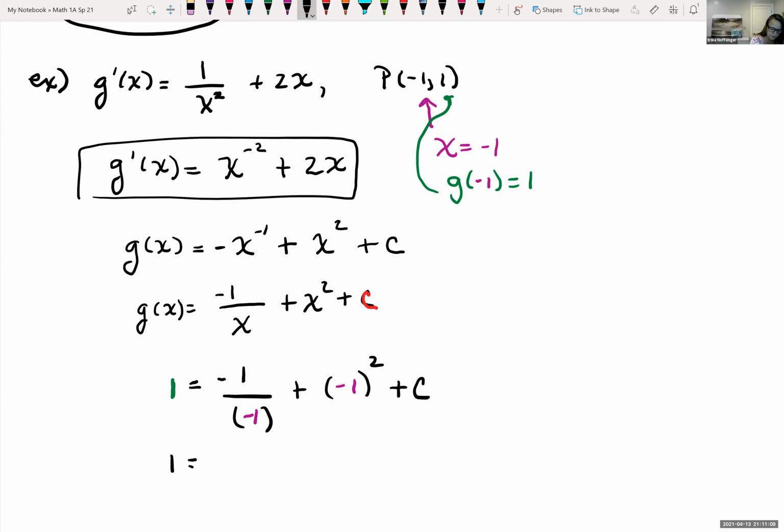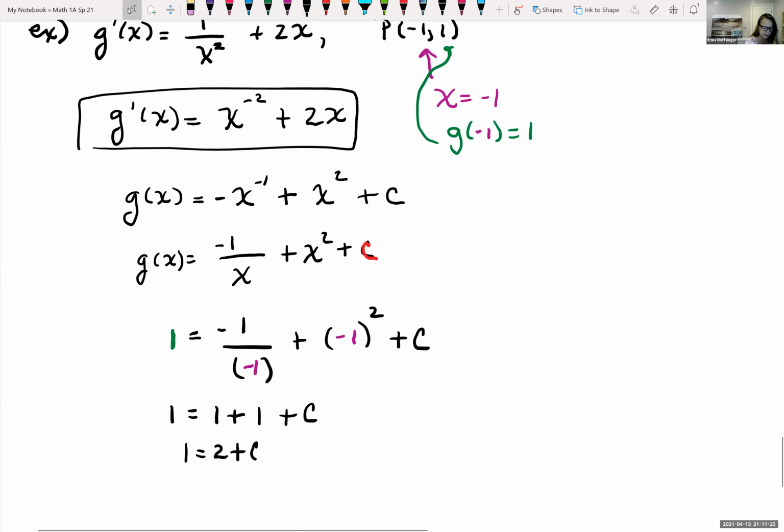So we get 1 is equal to negative 1 divided by negative 1, which is positive 1, plus negative 1 quantity squared, which is positive 1, plus c. So 1 is equal to 2 plus c. Subtract 2 on both sides, and we get what c is. c is negative 1.